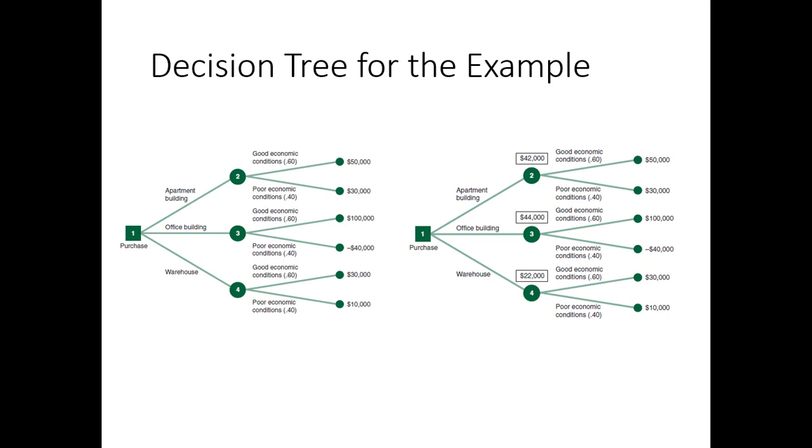So the decision tree is making it clear which option is the best. It's not rocket science, it is just the conversion of the problem into a figure, into a picture. That's a very important tool in both business as well as in general life to make decision trees and take decisions. We will stop here.